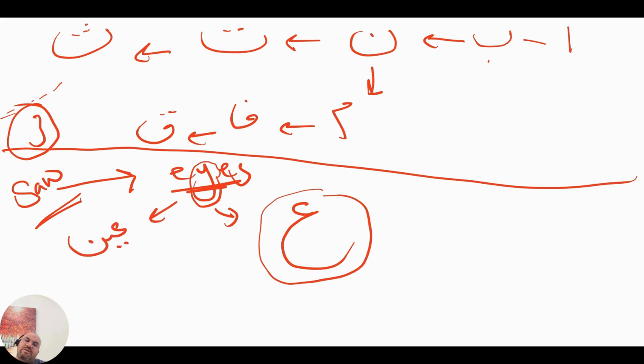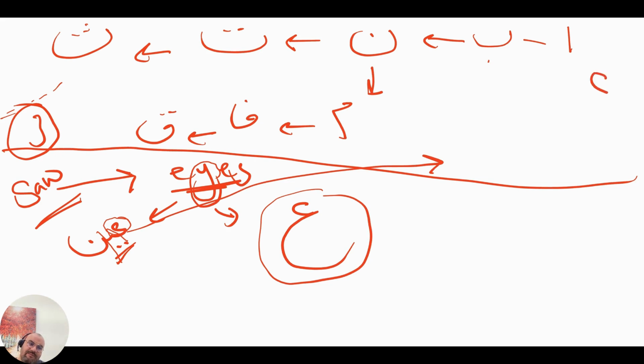How will we read this one? Now this is when we differentiate between ayn and ya, how it comes in the middle of the word, and this is n, what comes at the end of the word.